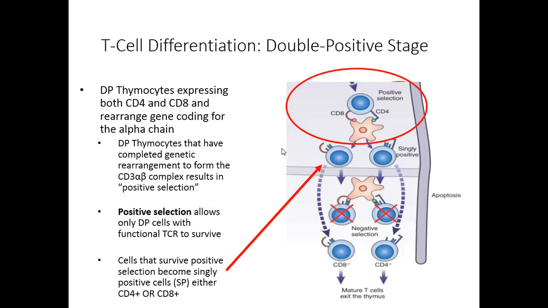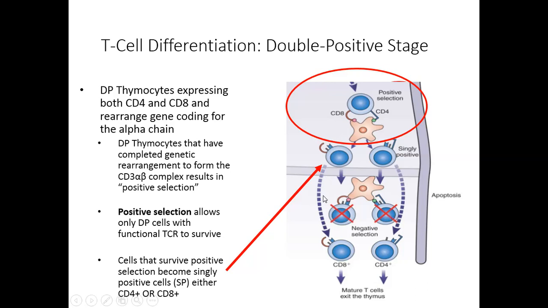So if we go back to this stage again, at this point we have those single positive cells. The double positive cells have undergone positive selection. The single positive cells have undergone negative selection, and those of them that would react are killed by apoptosis.